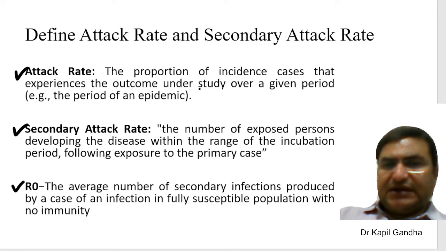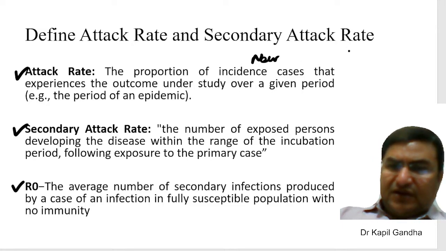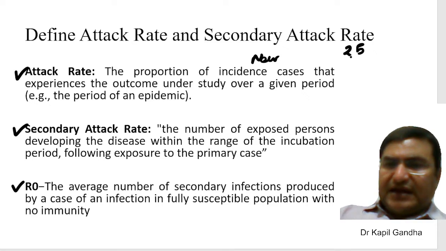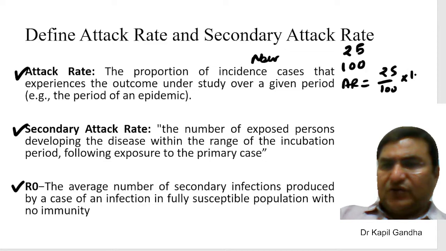Attack rate is nothing but the proportion of incident cases, that means new cases, that experience the outcome under study over a given period of time, for example, the period of an epidemic. Hypothetically, say there is one epidemic in a village and there are 25 new cases and the population at risk was 100. So the attack rate would be 25 divided by 100 into 100, which is equal to 25%.